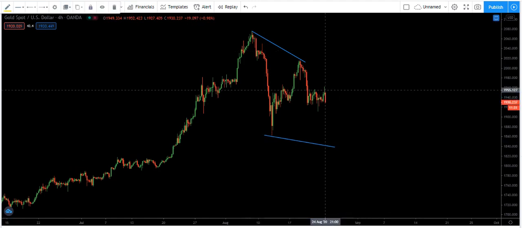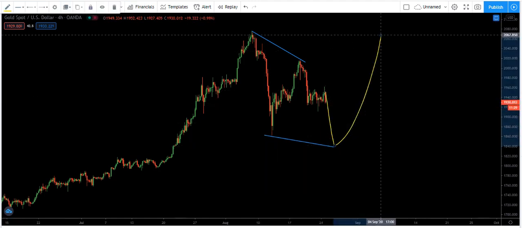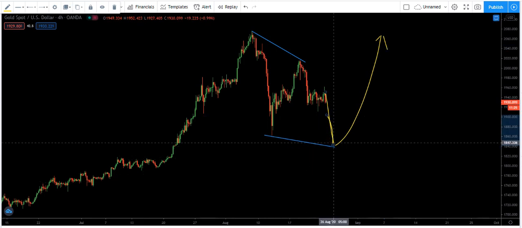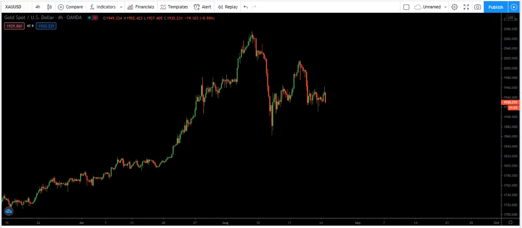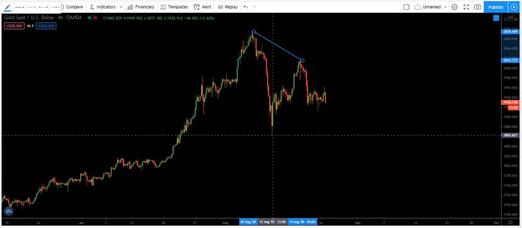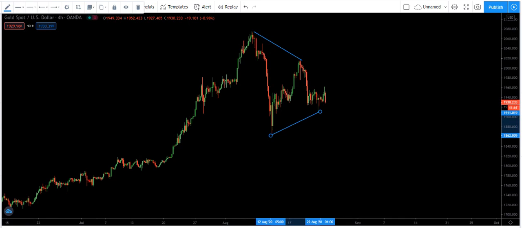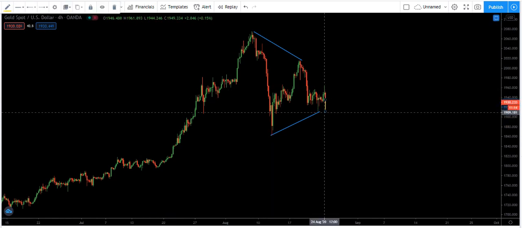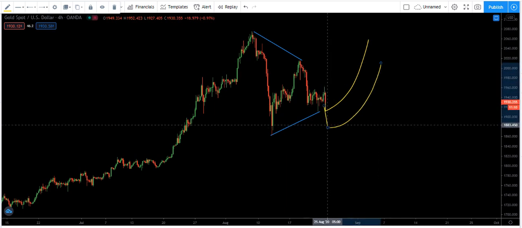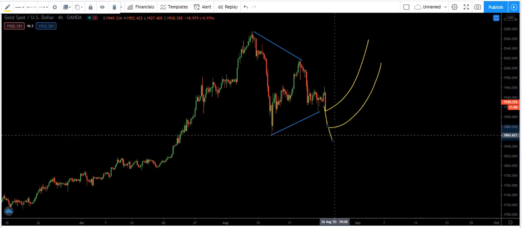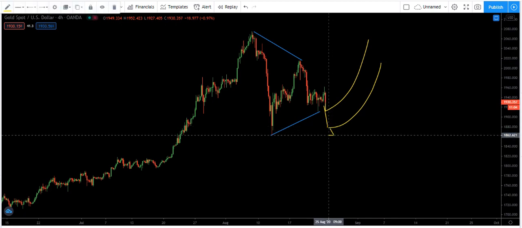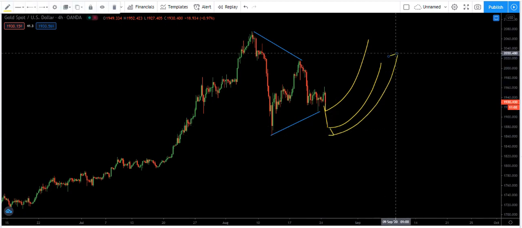Okay, in this case we are expecting the price to come to this level and reverse. But in the first case, which I drew here, there is a possibility the price comes to this level, reverses, comes to here, reverses, or comes to this low, at least to hit the lowest point, then reverses.